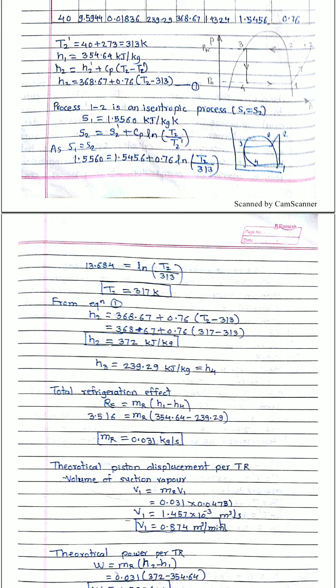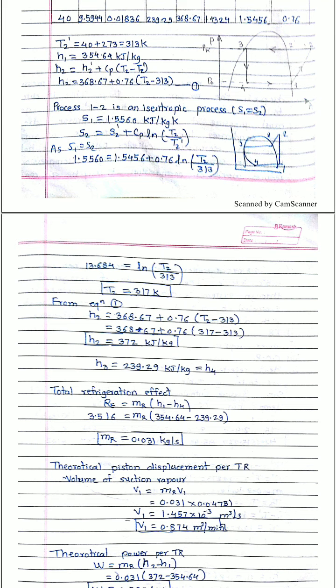So therefore the total refrigeration effect is observed during process 4 to 1. So the total refrigeration effect is equal to MR into H1 minus H4. But here the refrigeration effect is already given, kilowatt per TR. Per TR means 3.5, that is already given.